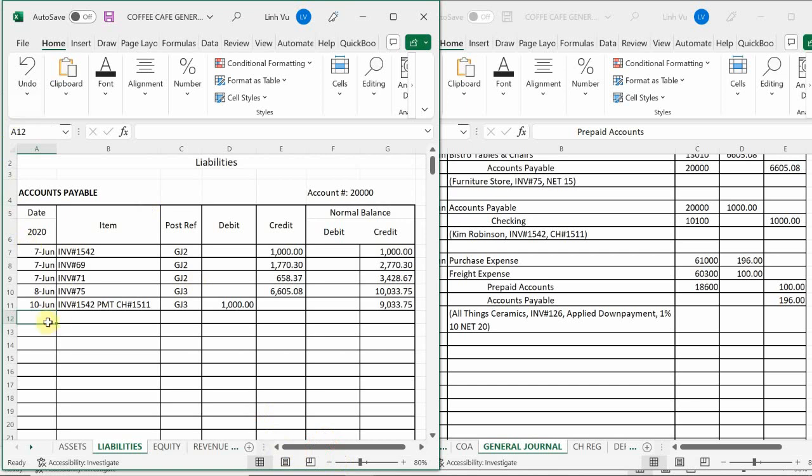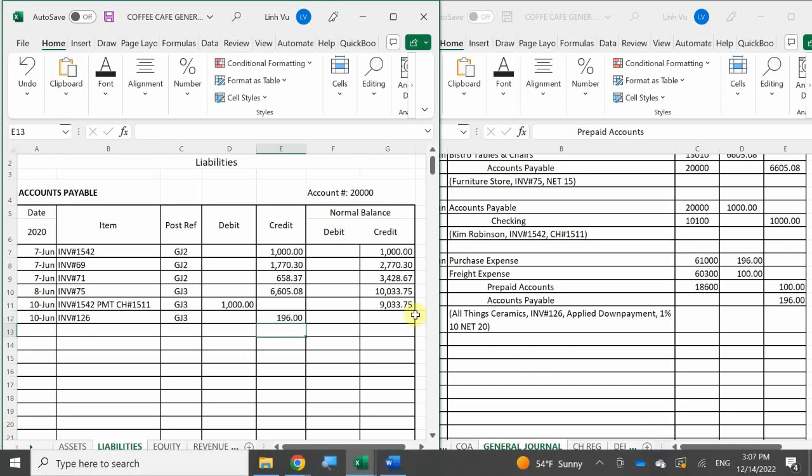We end up owing more money. So in this case, today's the 10th, for invoice number 126. Okay? General Journal, we're still on our 3rd page here. And we're going to increase our liabilities by $196, because that's how much my bill was worth.